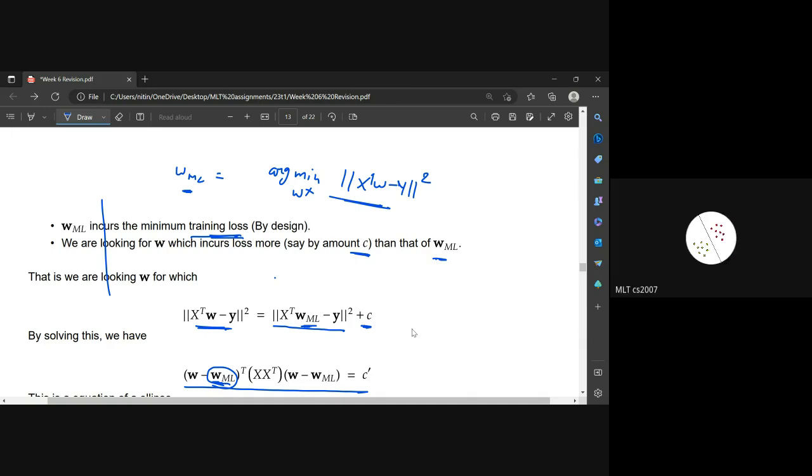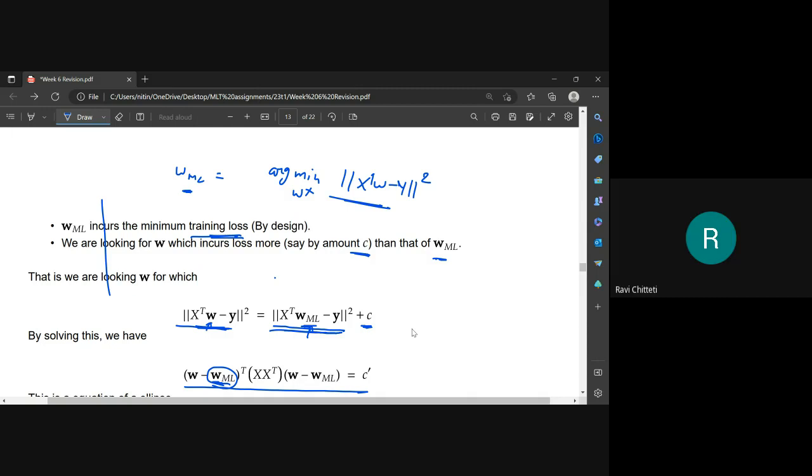So this particular loss is going to be more than this loss, right? This is the loss incurred by WML. So let's say this loss is more by some amount. Why do we say it is more? Is it because we are assuming C on that side, or is it that W will normally incur more loss than WML? Is that point clear or not?